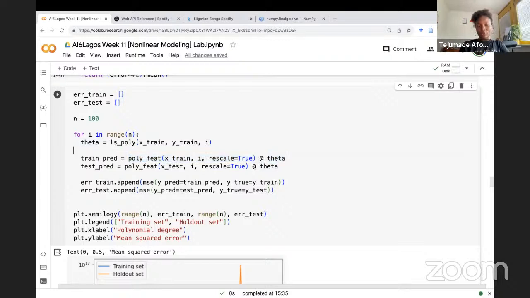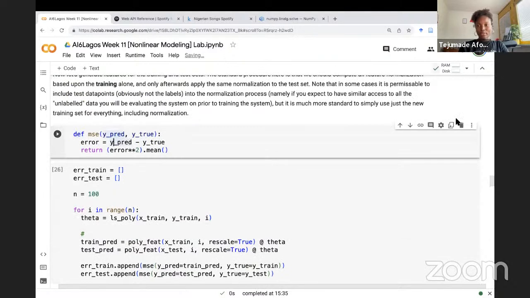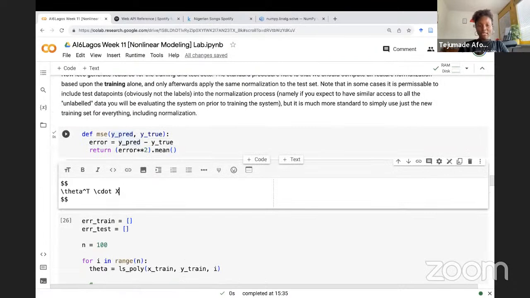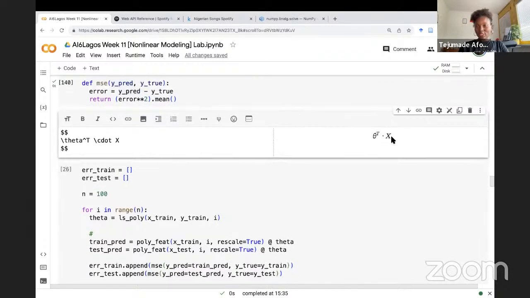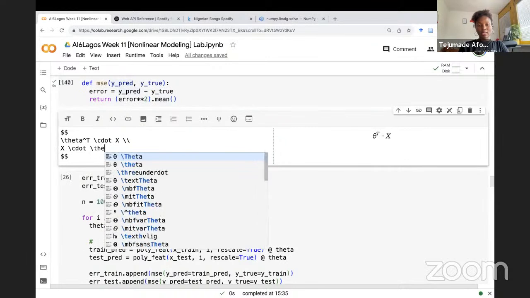You can either write theta transpose x, or you write it as x theta.